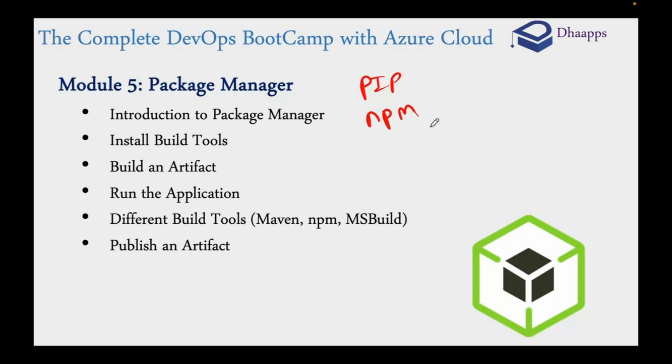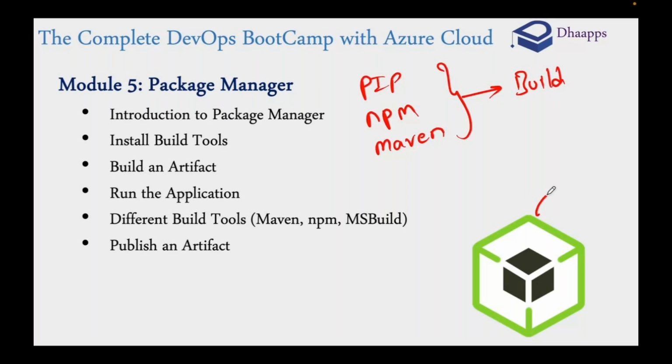If you take Java, Java will build using Maven. Based on the programming language, these build tools will differ, but the output, whatever build file comes out, will remain the same: either a zip file, war file, or DLL file. That will be your package.